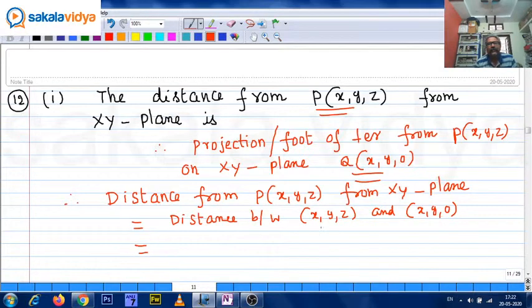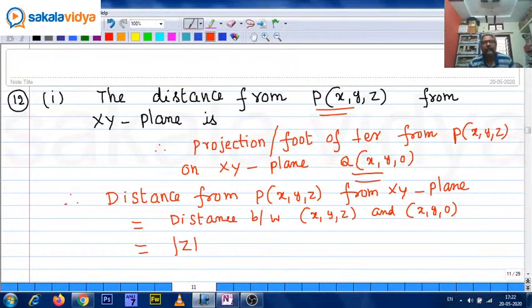That is the square root of (x minus x) square plus (y minus y) square plus (0 minus z) square, which is the square root of z square, and you get mod z. So mod z. Understood now?